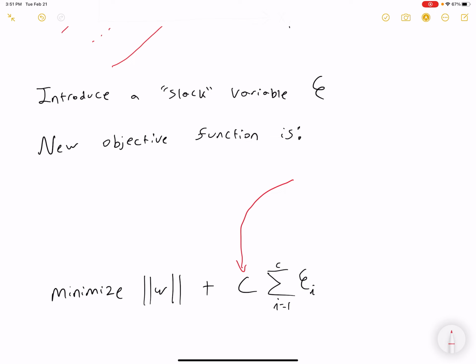It's a hyperparameter. It's another hyperparameter, which should look similar to regularization. There's a constant that a user sets, a hyperparameter, times the sum of the things that we want to penalize. So again, we're trying to minimize something, but we're adding terms because we're penalizing having things we don't like.